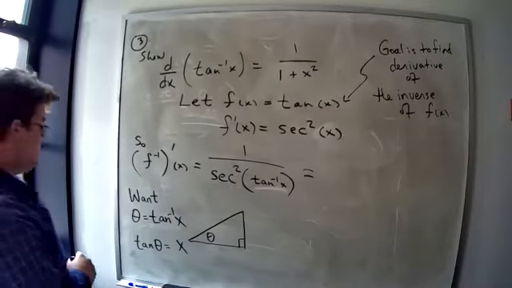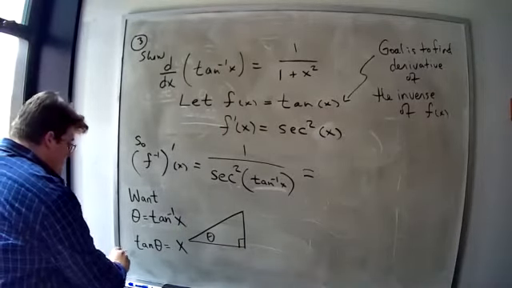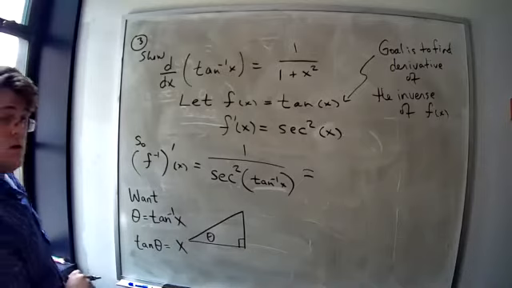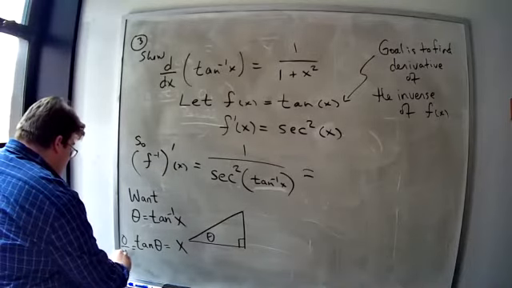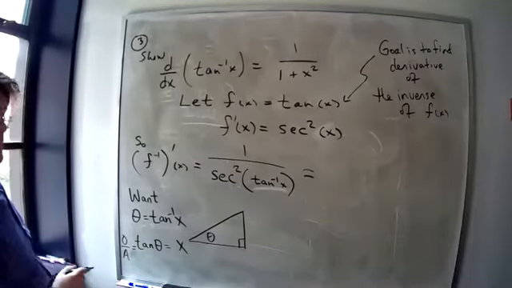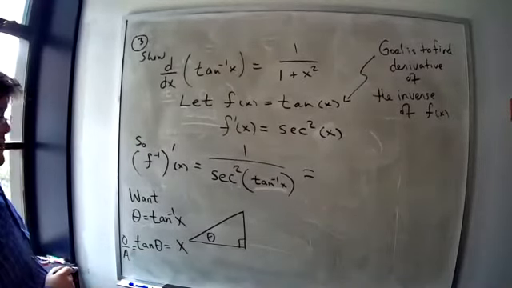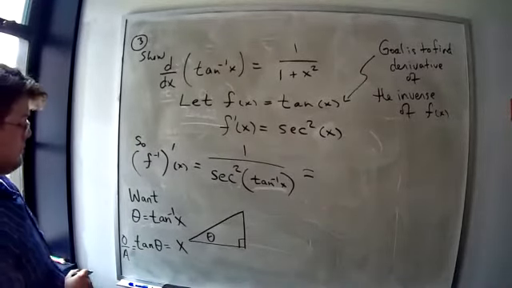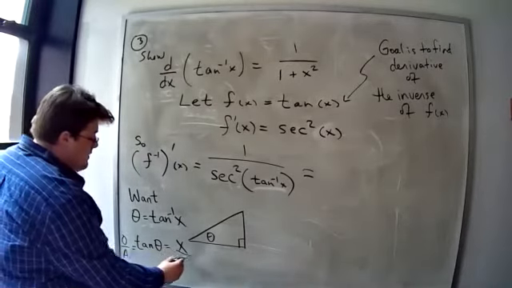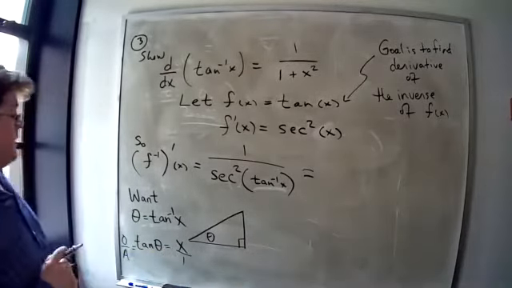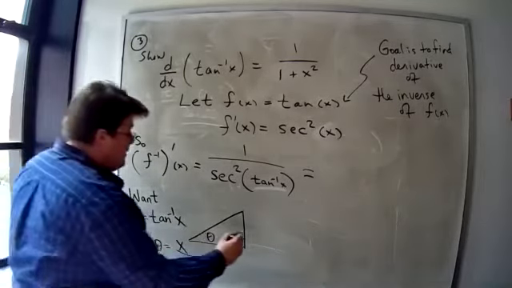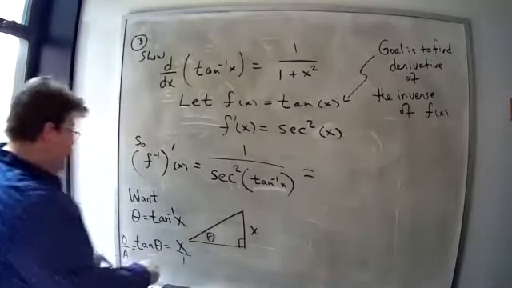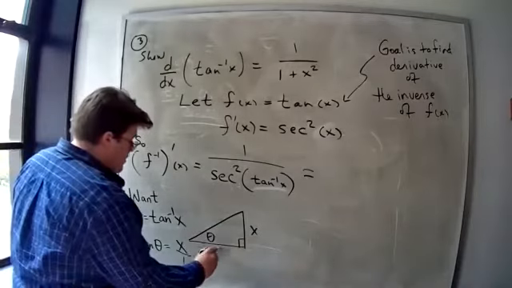Well, what's tangent of theta? Tangent of theta, remember, is the opposite side over the adjacent side. Well, if we want this to be x, let's just write that as a fraction, x over 1. We can do that by letting the opposite side be x and the adjacent side be 1.